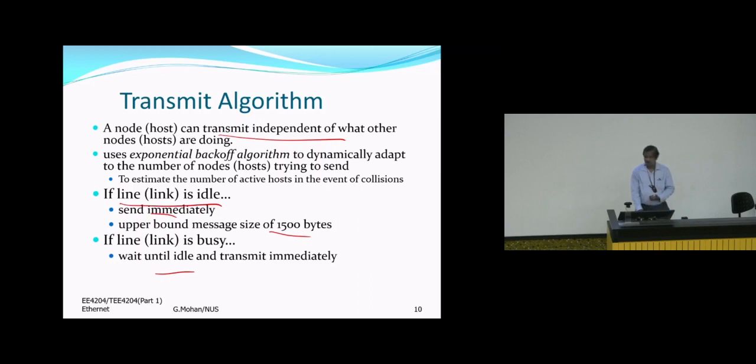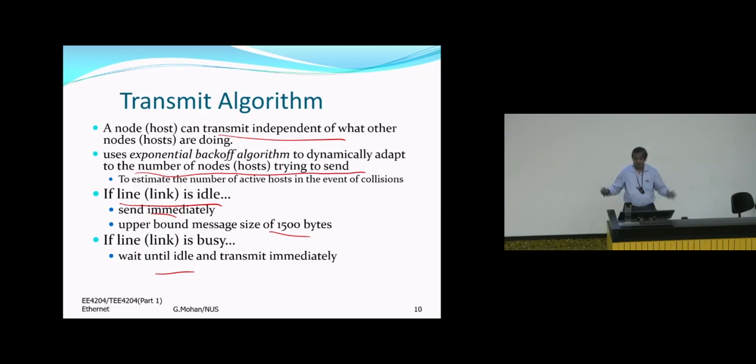Okay? So then it thinks, why is there a collision? Because there are many active users. Initially, it thought he is the boss. He is the only one who is transmitting. Nobody else is transmitting, so he simply starts transmitting, right? But if there's a collision, there is at least someone else who is also trying to transmit. So it tries to estimate the number of active nodes, or how many people are trying to transmit at the same time.